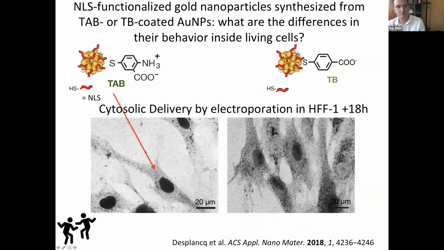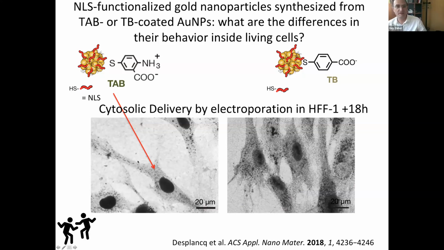We did exactly the same. This is to compare the ligands that remain on the surface, because we cannot substitute all the ligands with the peptide. So here you have the amine-carboxylate remaining ligand on the gold, and here we compare to thiobenzoate, which has only the carboxylate.